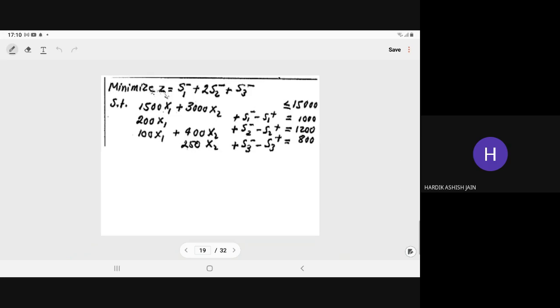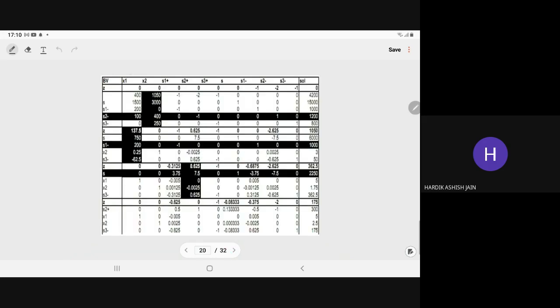So here we have the weight method objective function, and from here if you make the table, here we have the basic variables, right? Decision variables are x1, x2, s1 plus, s2 plus, s3 plus, then the starting basic variables s, s1 minus, s2 minus, s3 minus, and on the right hand side we have the solution.